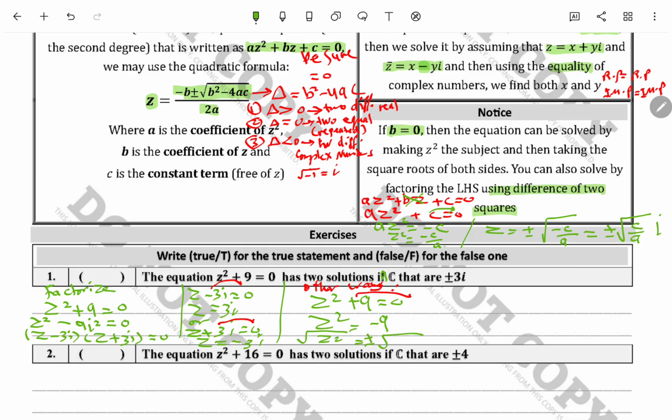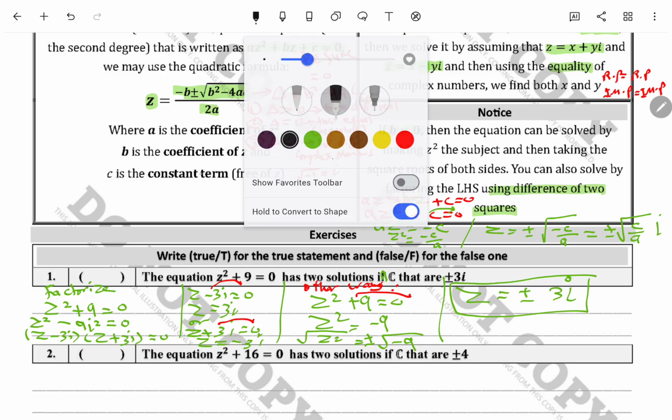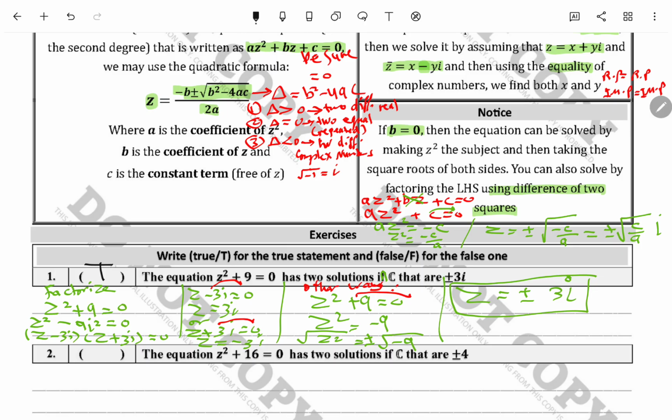That will give you always plus and minus for any quadratic equation, for minus 9, and that will make z equal to plus and minus 3i, which is the same solution as the first way. So that will make our answer true. So this is true.